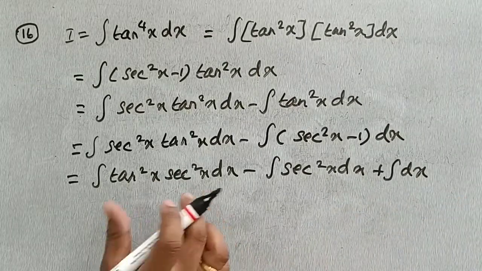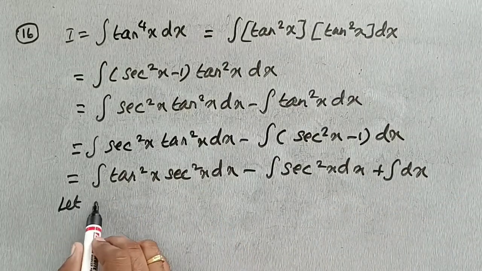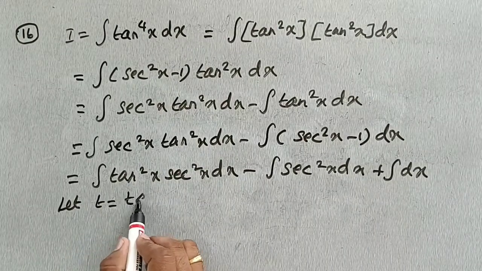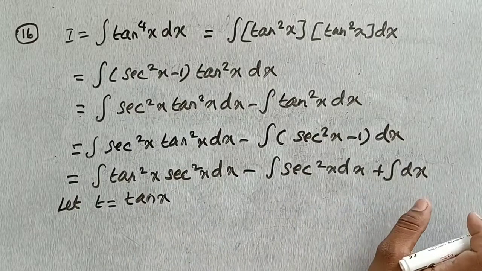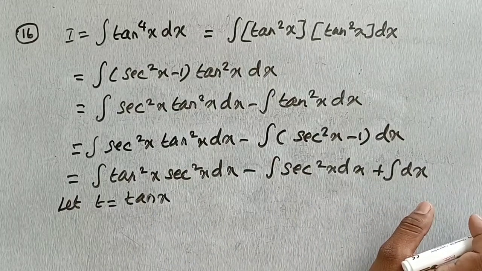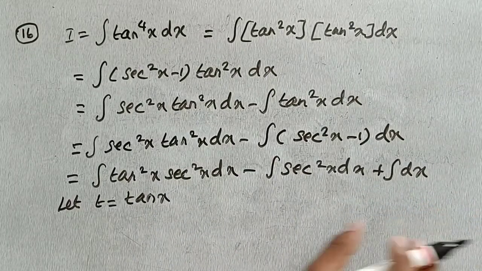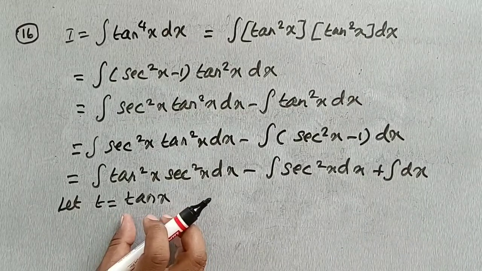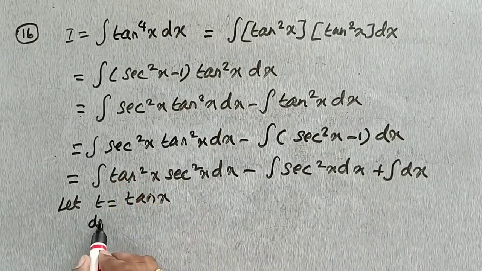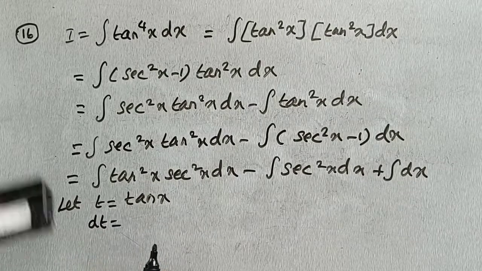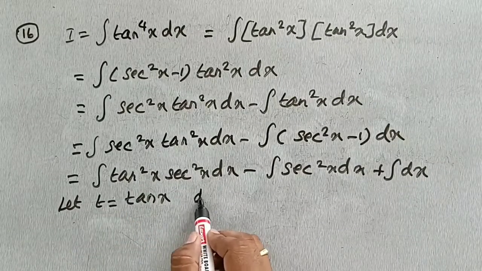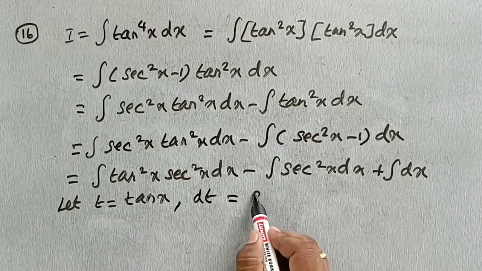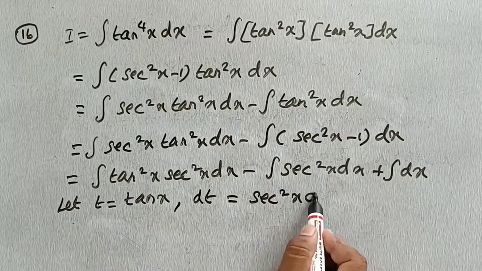Here I am going to let t equal to tan x in the first integral alone. The second and third integrals we can integrate directly, we have a formula for that. So t equal to tan x, dt value will be secant square x dx.